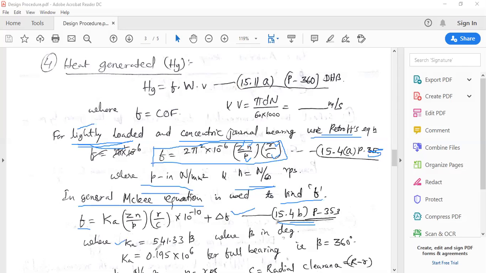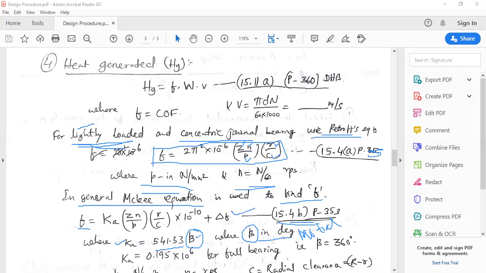Ka is equal to 541.33 into beta, where beta is less than 360 degrees for partial bearings. If the bearing is not specified as a full bearing, this equation is to be used, and beta is substituted in degrees, like 120 degrees, 240 degrees.